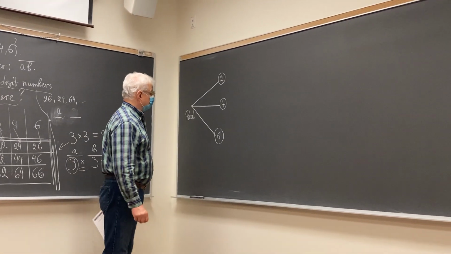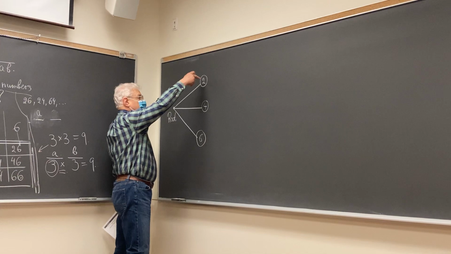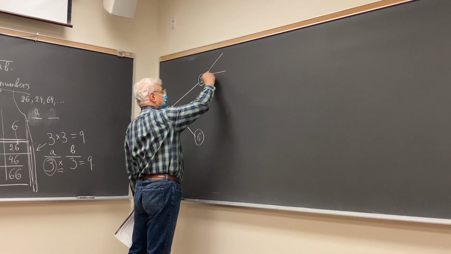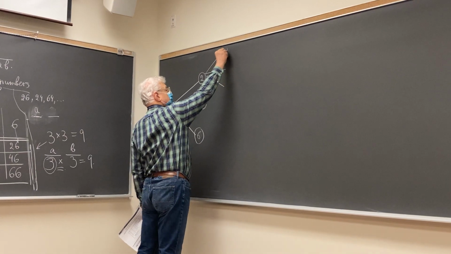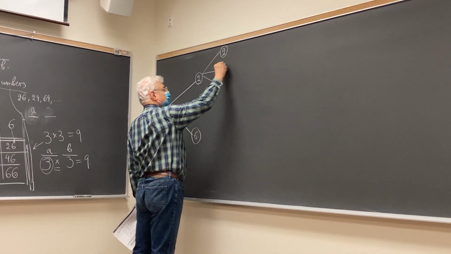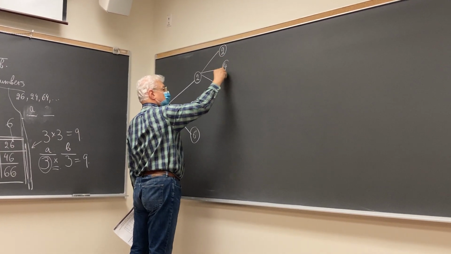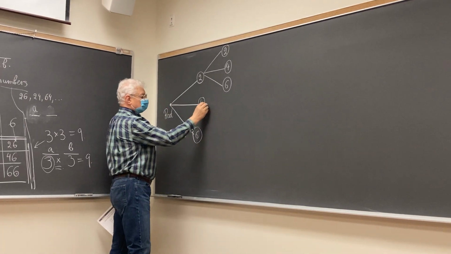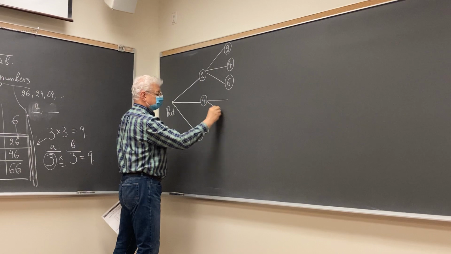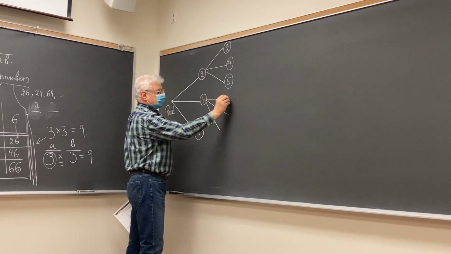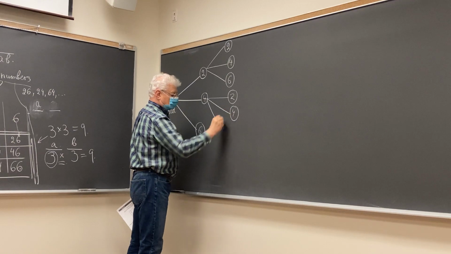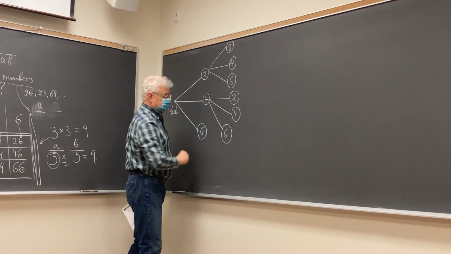Now letter B. If we have 2, then after that we can extend it in three different ways: 2, 4, or 6. With 4, we can do the same thing, so we have three different extensions: 2, 4, 6.